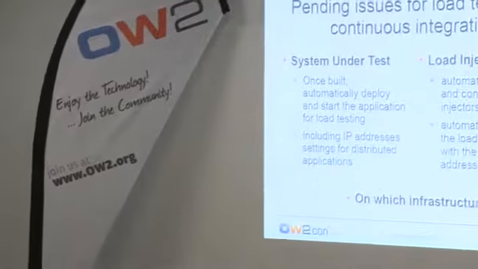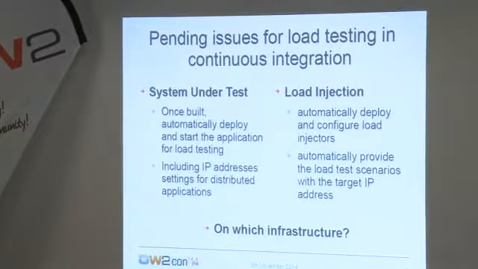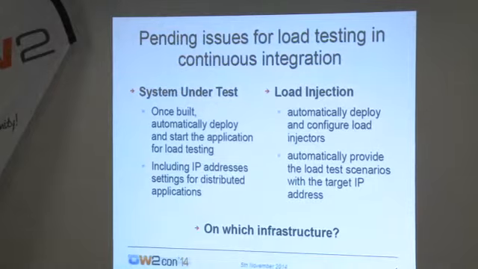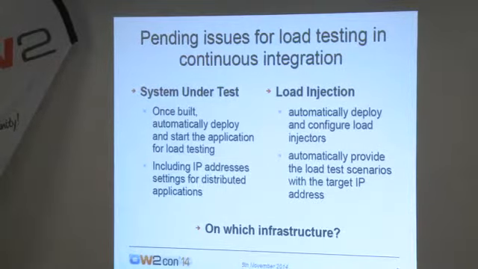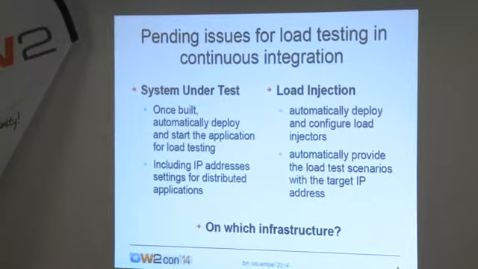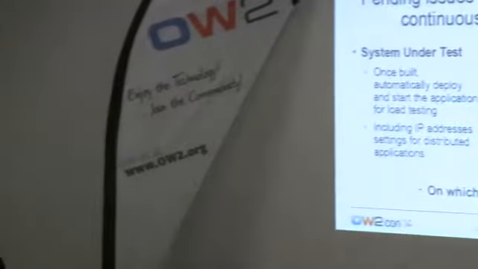Now this is fine. We have load testing from Jenkins, but there are still a number of questions. First of all, imagine that your system under test is a distributed application. Well, you can run the build process, which is usual, based on Maven, for example.